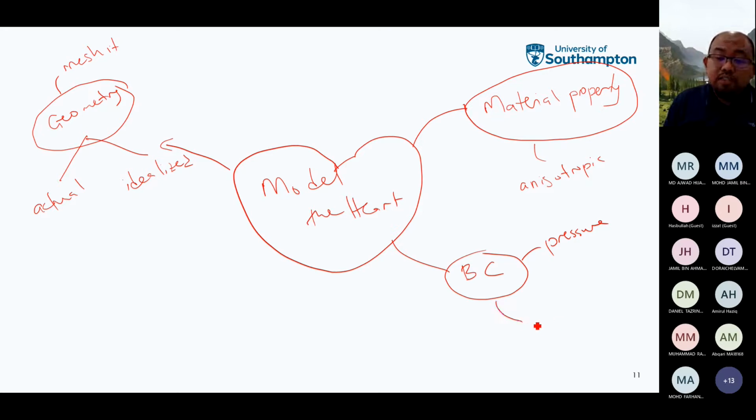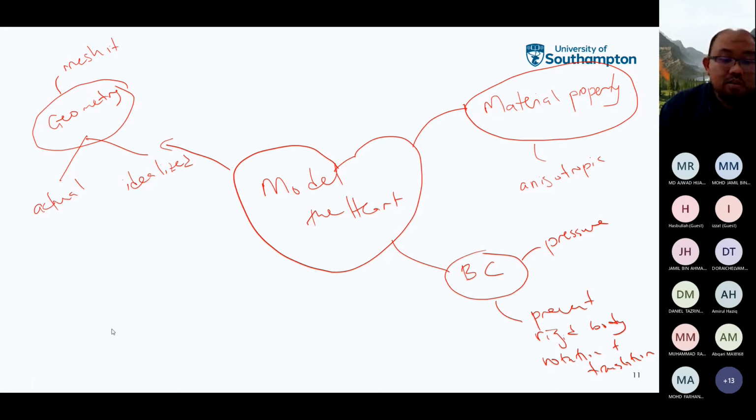And how do I prevent rigid body rotation and translation? One thing about solid mechanics simulation is that in order to ensure your model runs successfully, you have to prevent the rigid body rotation and translation.